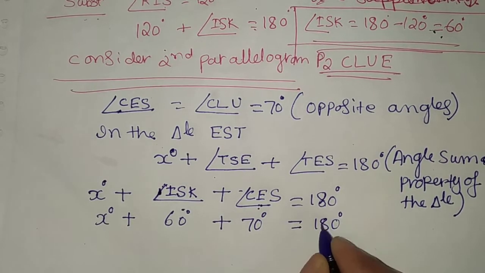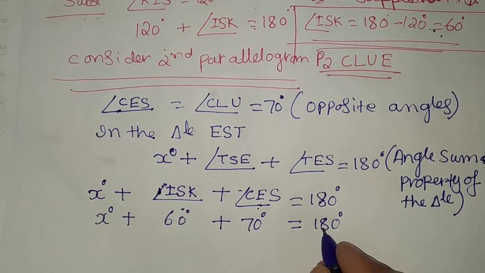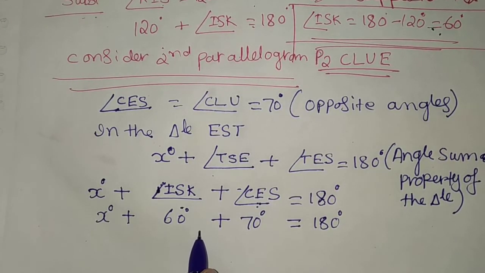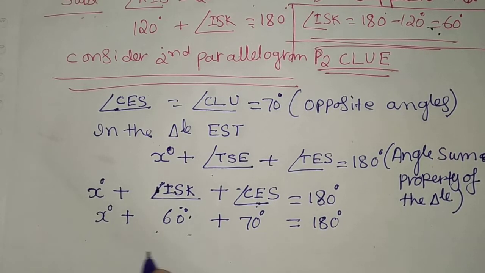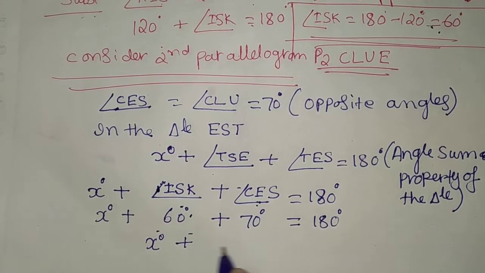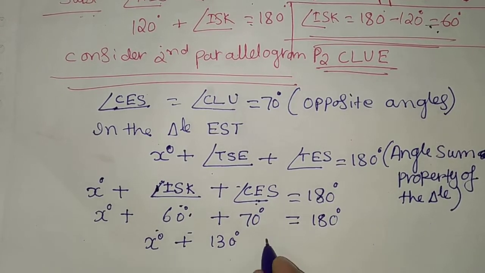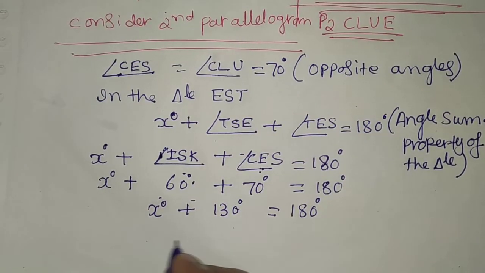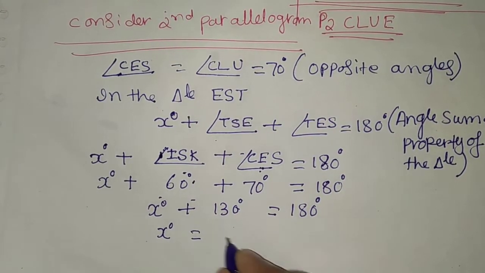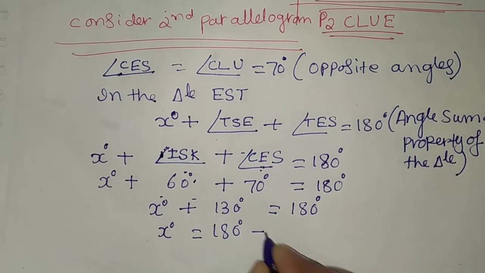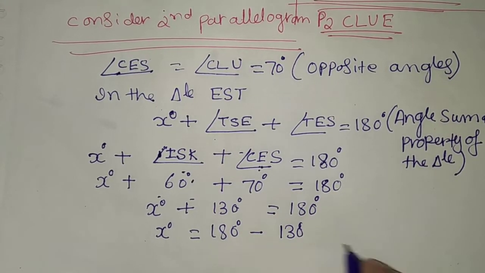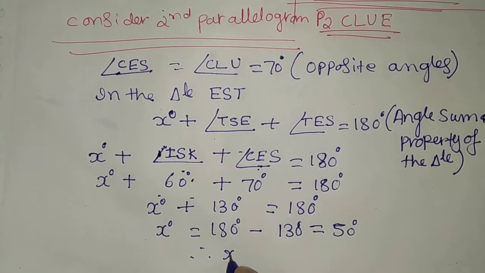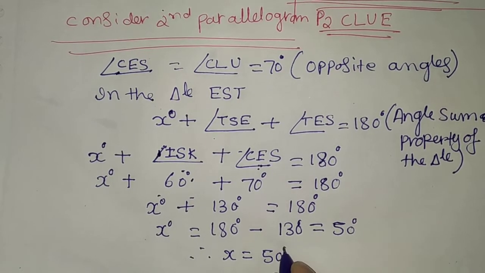That is the angle sum property of the triangle. Now adding, x degrees plus 130 degrees is equal to 180. Therefore, x degrees is equal to 180 minus 130, which is 50 degrees. Therefore, finally x is equal to 50 degrees.